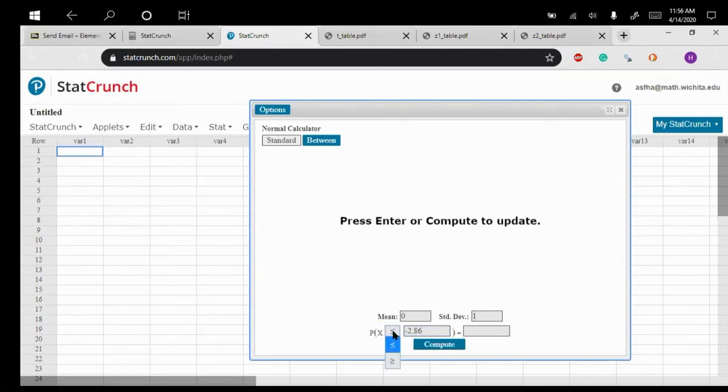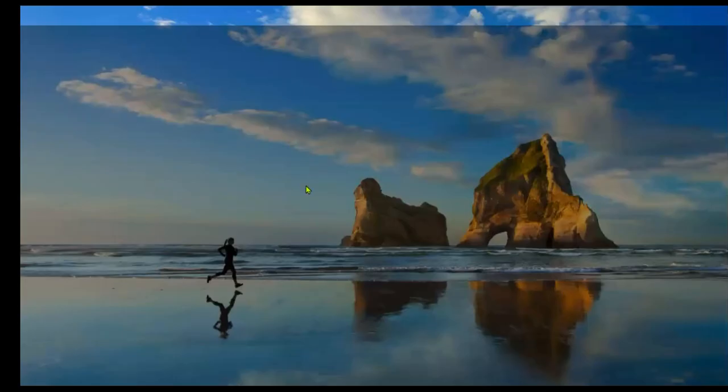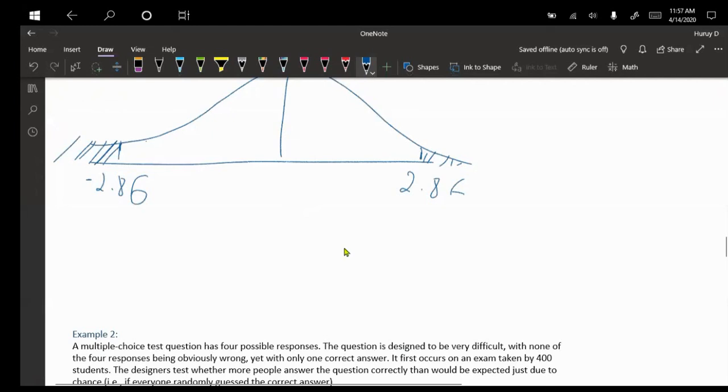In this inequality, I use the less than sign, or you can find the right side, it doesn't matter. So we compute this and we get this area, 0.002, which is kind of small. Now, the p-value is given by 2 times 0.002.